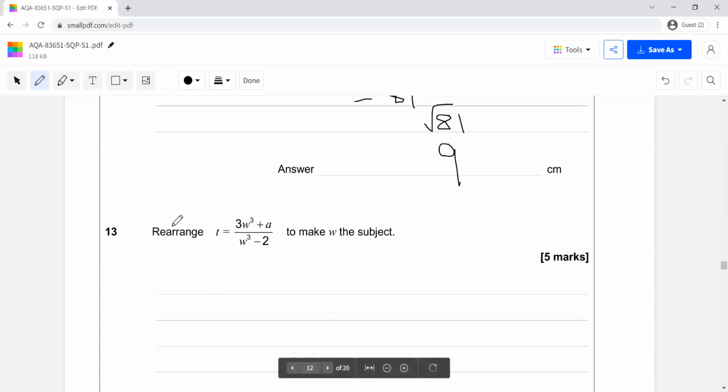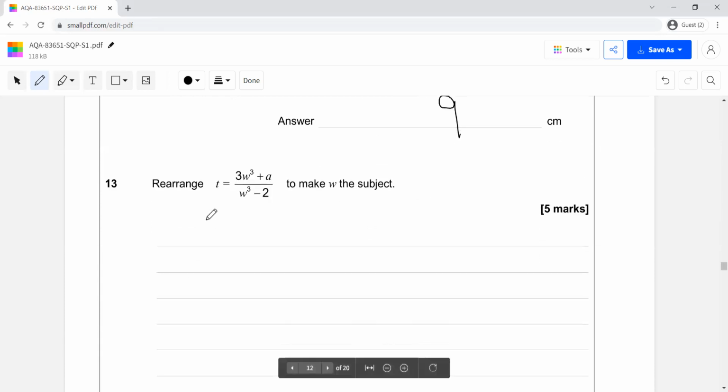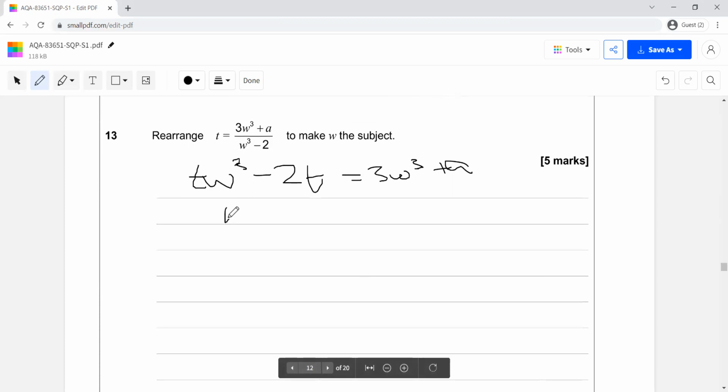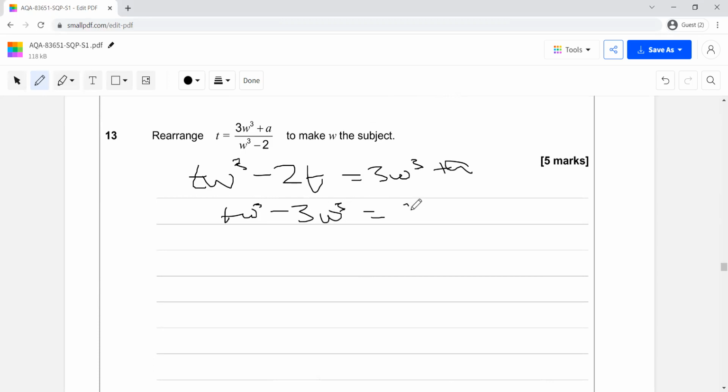Question 13. Rearrange to make w the subject. So we have tw cubed minus 2t is equal to 3w cubed plus a. I'm just going to move all the w's to one side, so tw cubed minus 3w cubed is equal to 2t plus a.